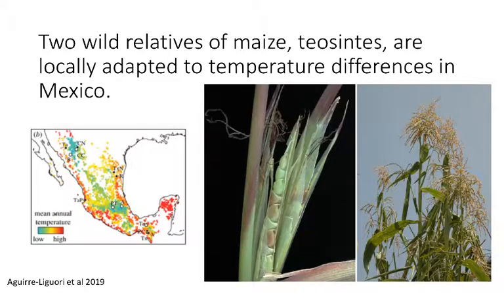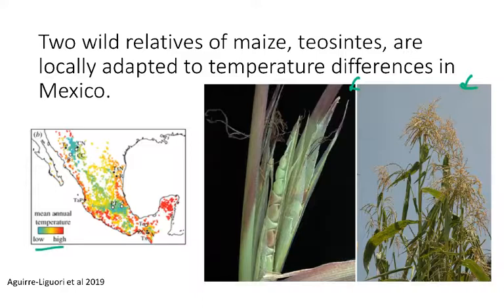So if we go back to this example that I introduced in the overview module, plants and fungi are commonly cited examples of local adaptation. Again, this is the example I showed earlier with the two wild relatives of maize, the teosinte. In Mexico, these wild populations of maize, which are shown on the right, are locally adapted to temperature differences in Mexico.